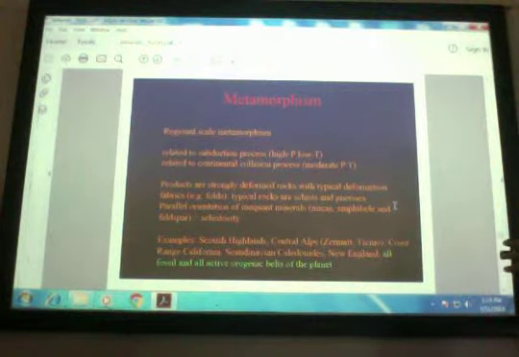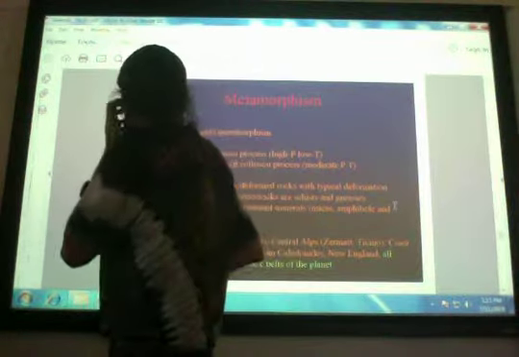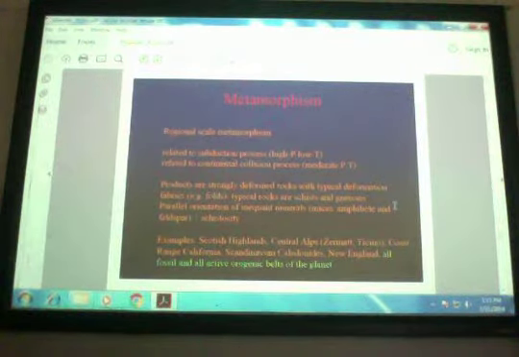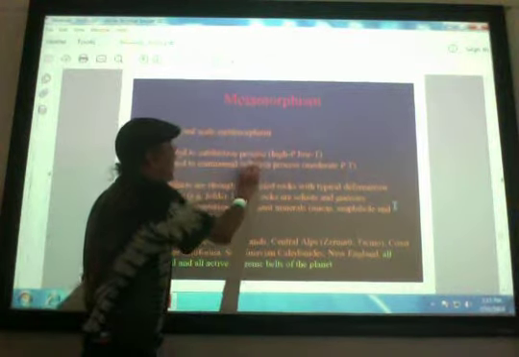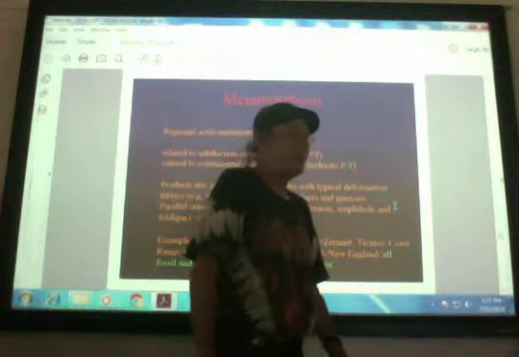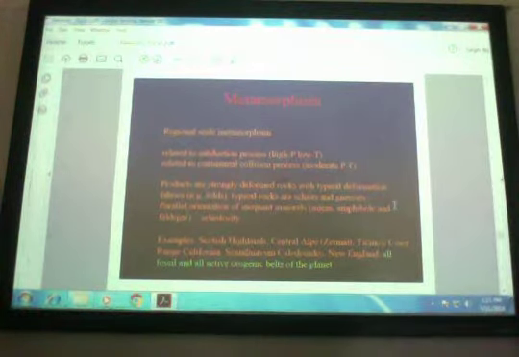So, and there we now have different processes. We have regional metamorphism, yeah? That means metamorphic events related to a subduction process. There we are dealing with high pressures but lower temperatures.